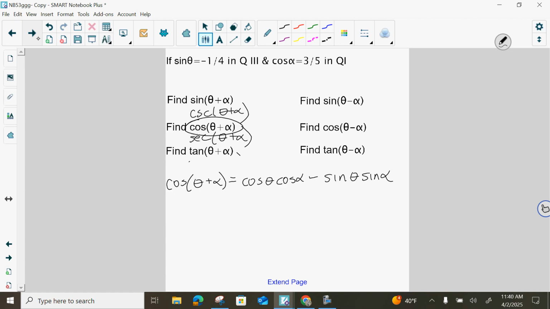Can I plug anything into that problem as my directions sit there now? Can I plug anything in? Claudia, am I given either cosine or sine theta, cosine or sine alpha?